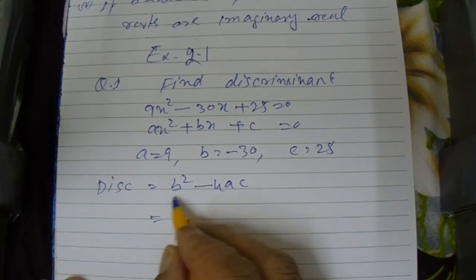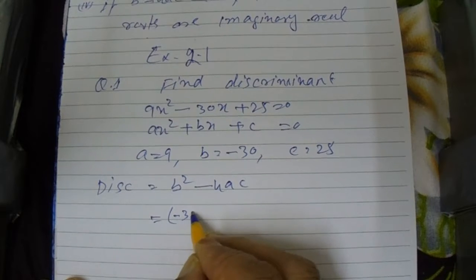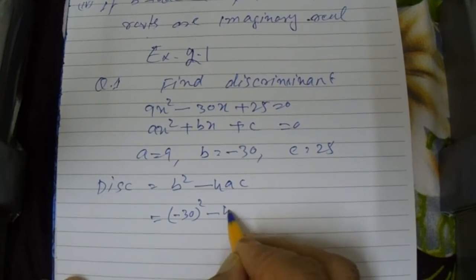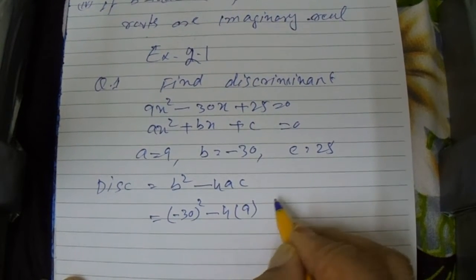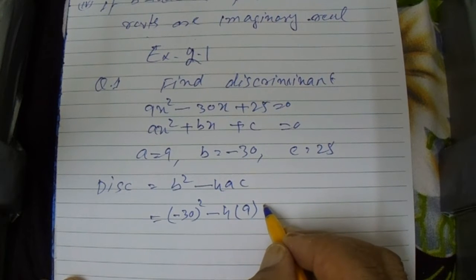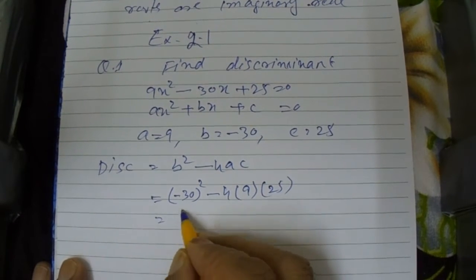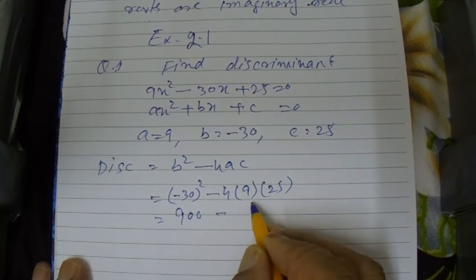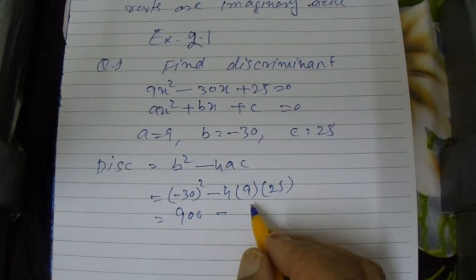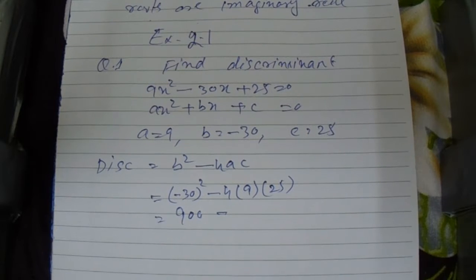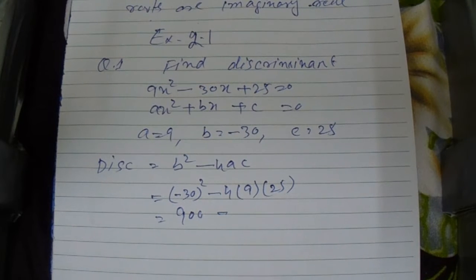Putting the values, minus 30 square minus 4 into 9 into 25. This is 900 minus, and we multiply 4 by 9 is 36, and 36 multiplied by 25 is equal to 900.